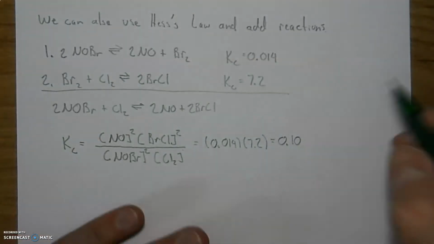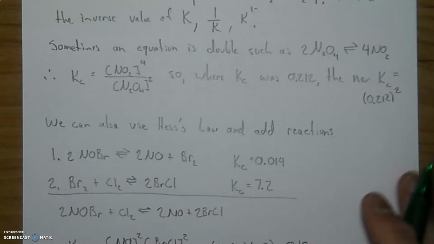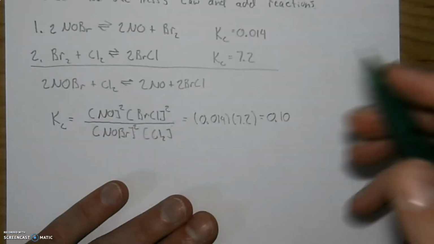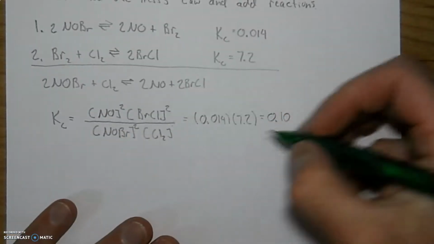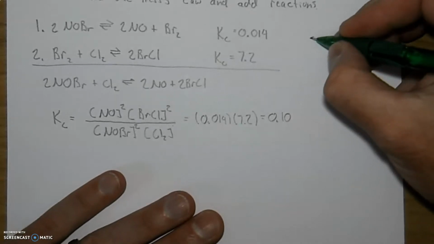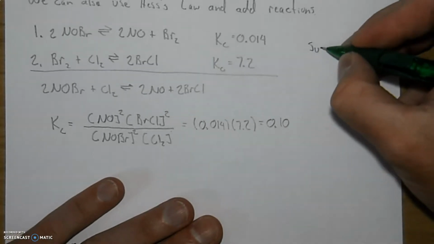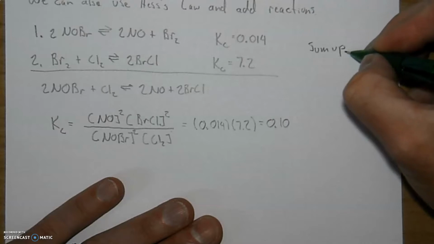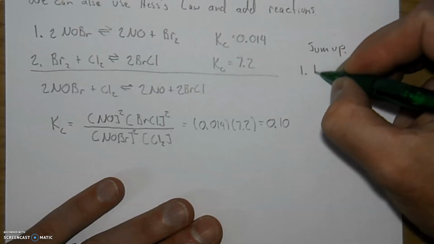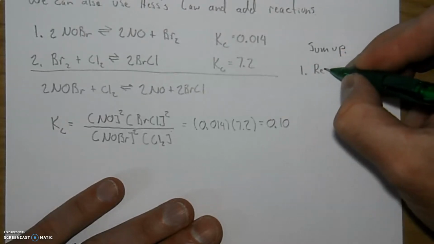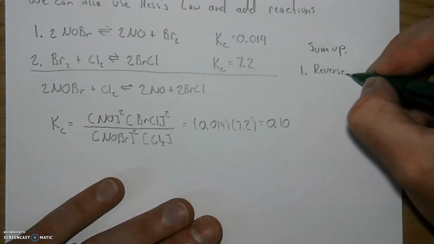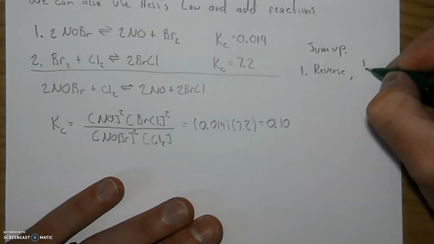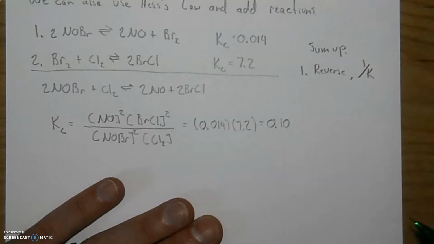Okay, to kind of sum up all the stuff that we did in all these steps here. Very short and sweet. Sum up. 1. If you reverse a reaction, whatever you did, it's the inverse of K. 2.